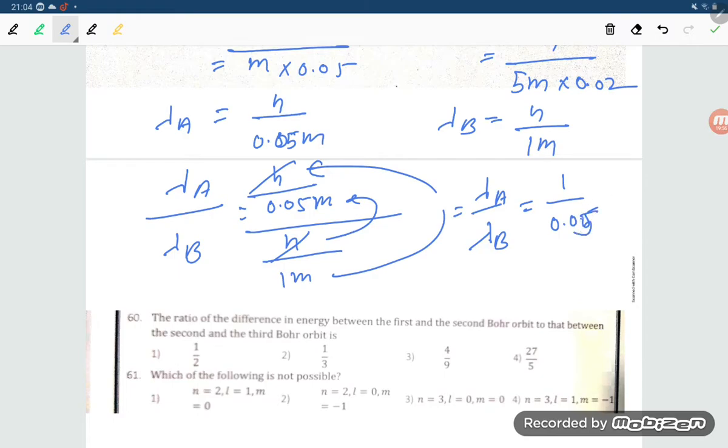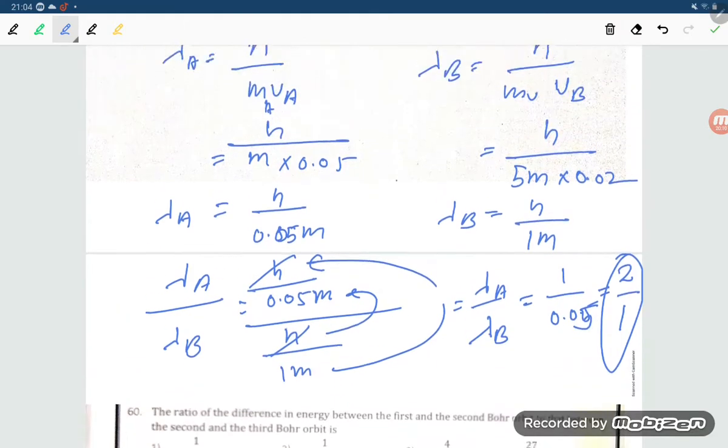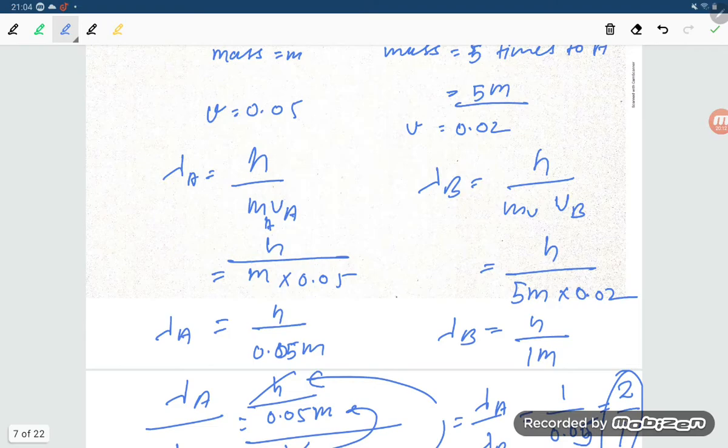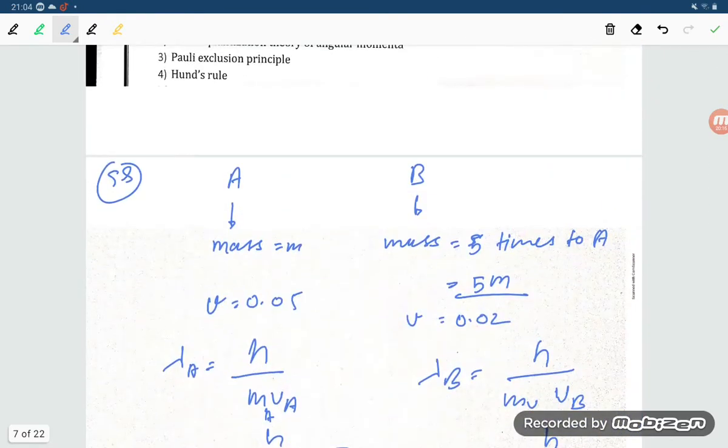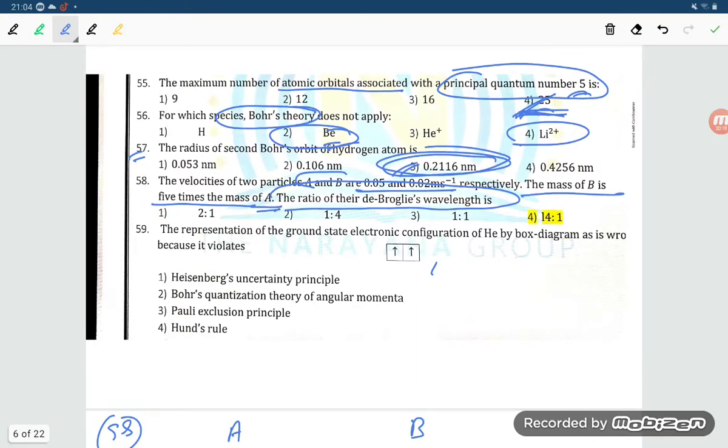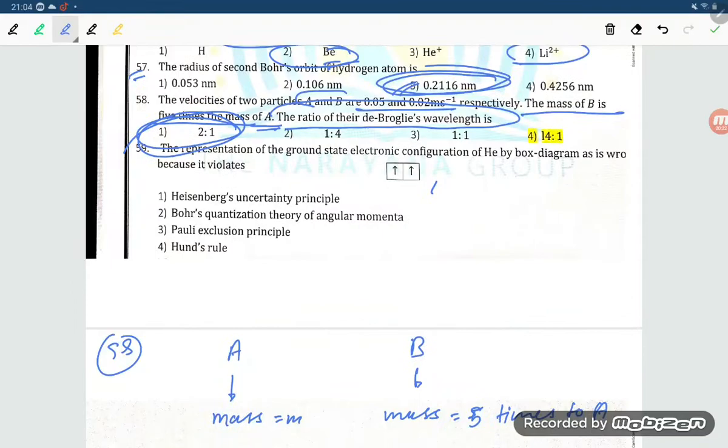If you put in 0.05, 5 times 2 is 10, so it will come as 2 by 1. Then 0.05 divided by 0.1 is 0.5, so 2 by 1 will be the ratio, 2:1. Option A is correct, students. You can check with your solutions.